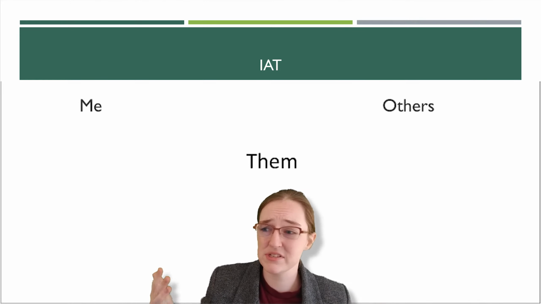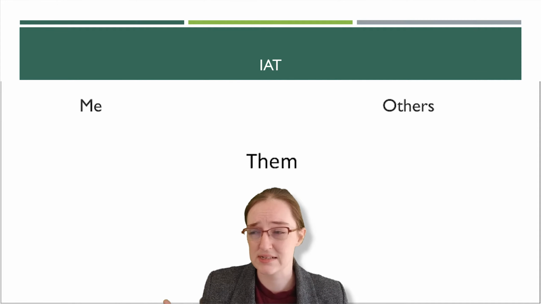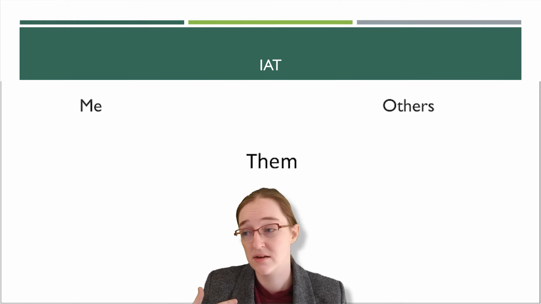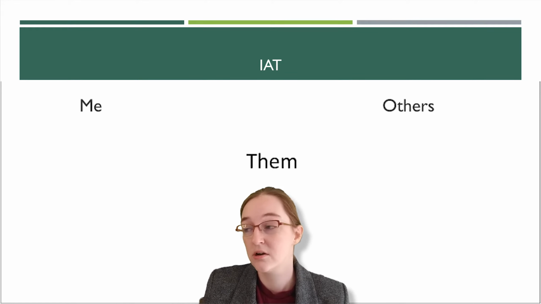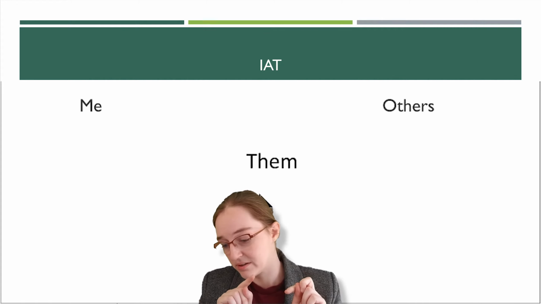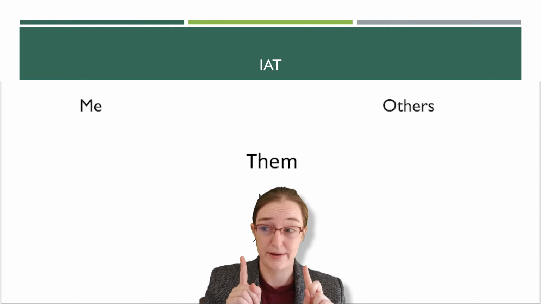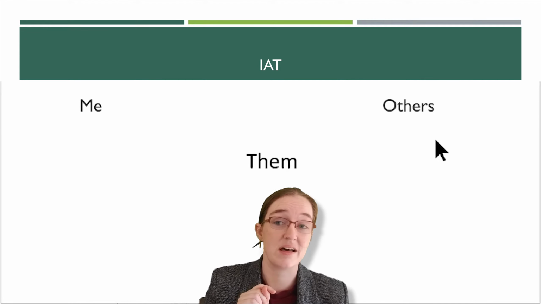Here is my attempt at illustrating the implicit association test. The basic idea is you categorize the item. So "them," and you indicate on a keyboard, usually the buttons are like A and D, and so you're sorting, you're categorizing. So "them" falls into the other category.